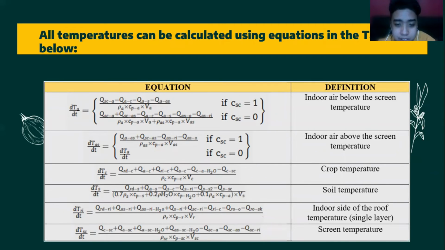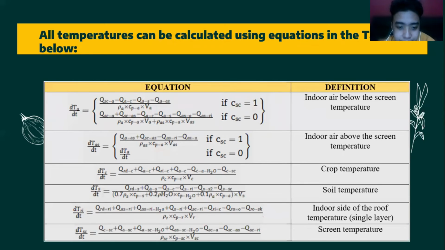So all temperatures can be calculated using the equations below. Indoor air, crop temperature, soil temperature, indoor side of the roof temperature, and screen temperature can be found using the energy balance equation.